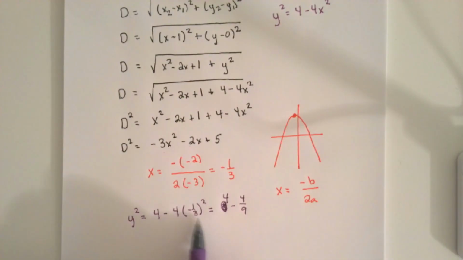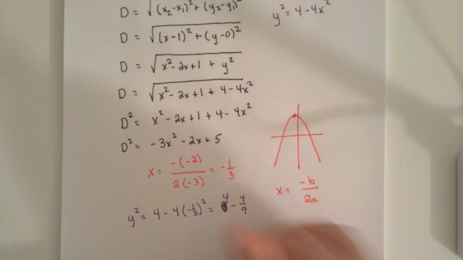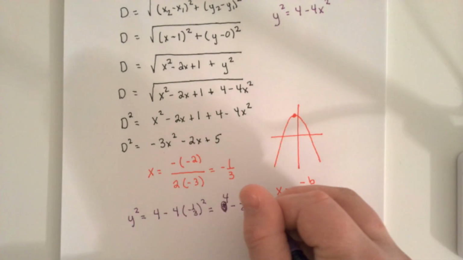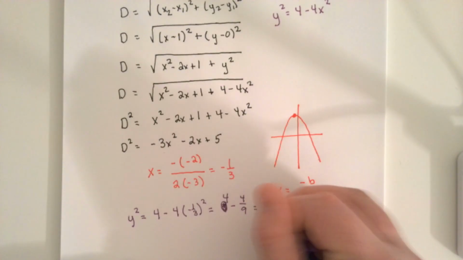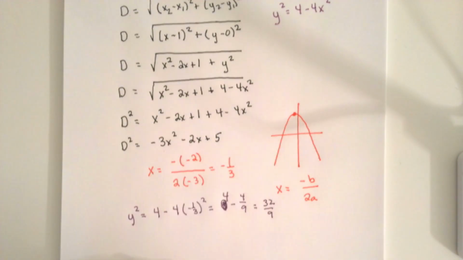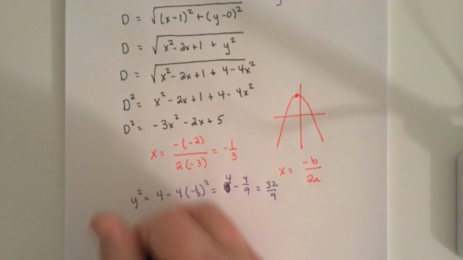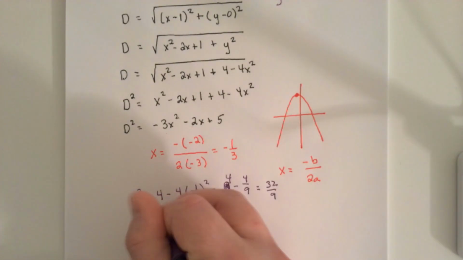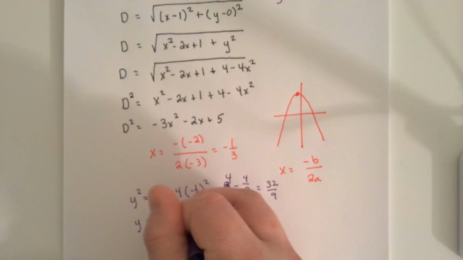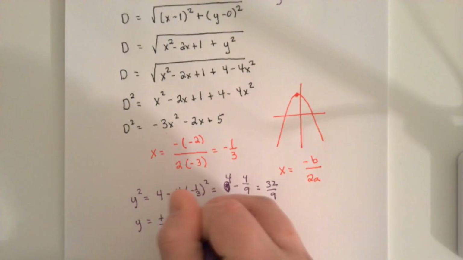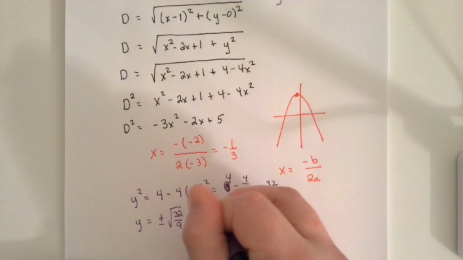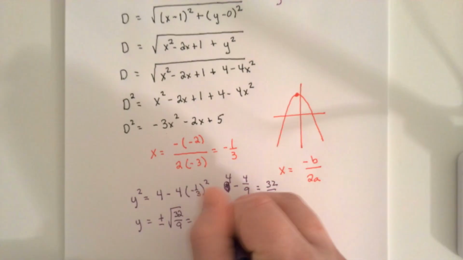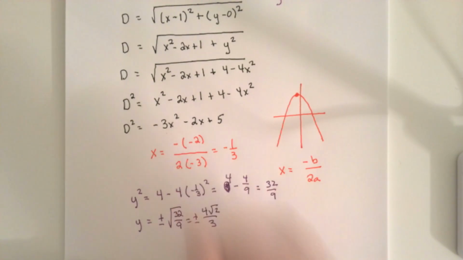I was thinking about squaring the 3 prematurely, so it happens. And this gives us 32/9. And so y is plus or minus the square root of 32 over 9, which is 4 root 2 over 3, plus or minus.